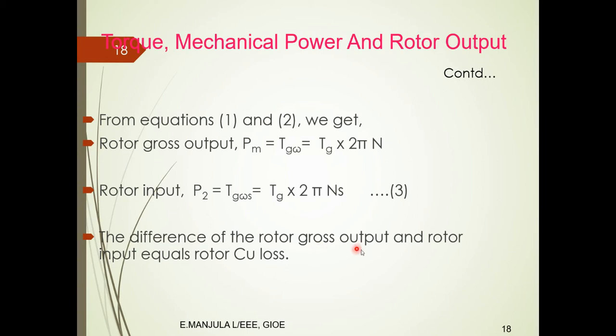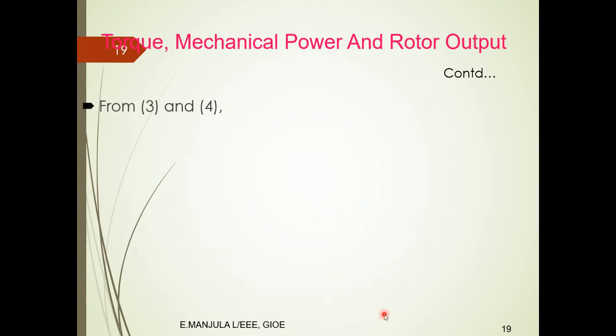The difference of the rotor input and the rotor gross output equals the rotor copper loss. So rotor copper loss is equal to P2 minus Pm, which is equal to Tg into 2 pi into Ns minus n, which is the slip speed. So rotor copper loss divided by rotor input is equal to Ns minus n divided by Ns, which is equal to s.